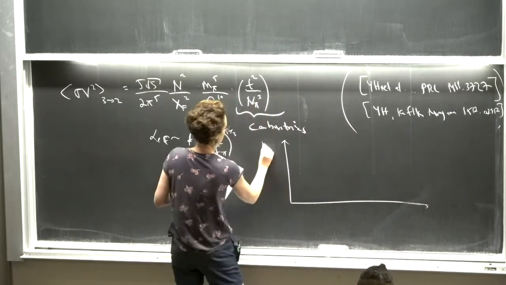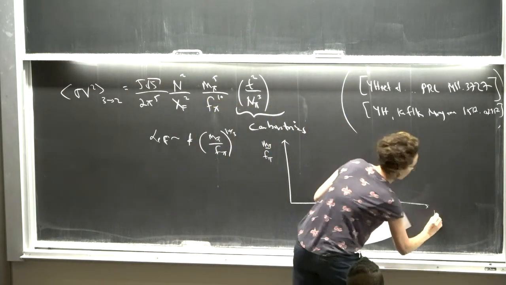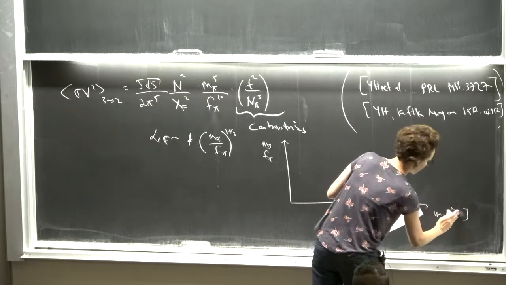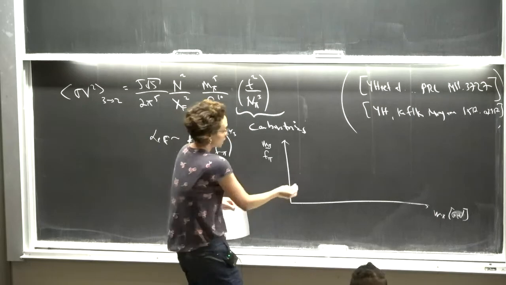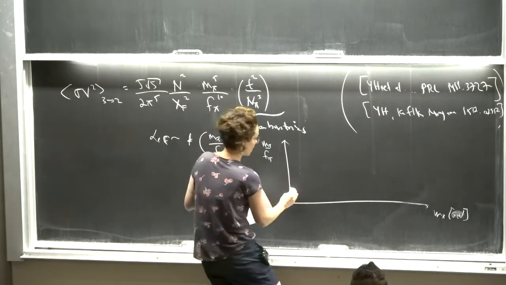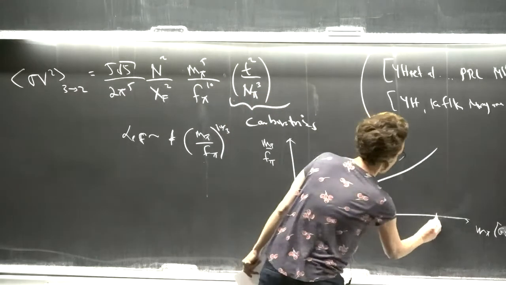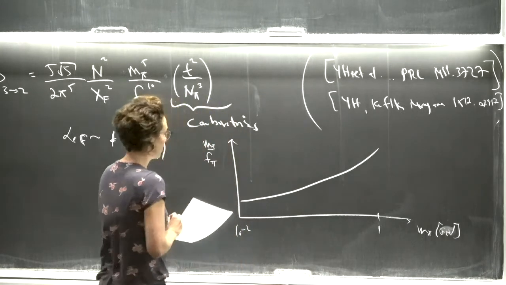So this will look like, let's say, m_pi over f_pi as a function of the mass of the pion, in GeV units. What it just means is that I have some curve that tells me where the relic abundance is obtained. A curve looks something like this. Over here it goes up to a GeV, down here, let's say down to 10 MeV.